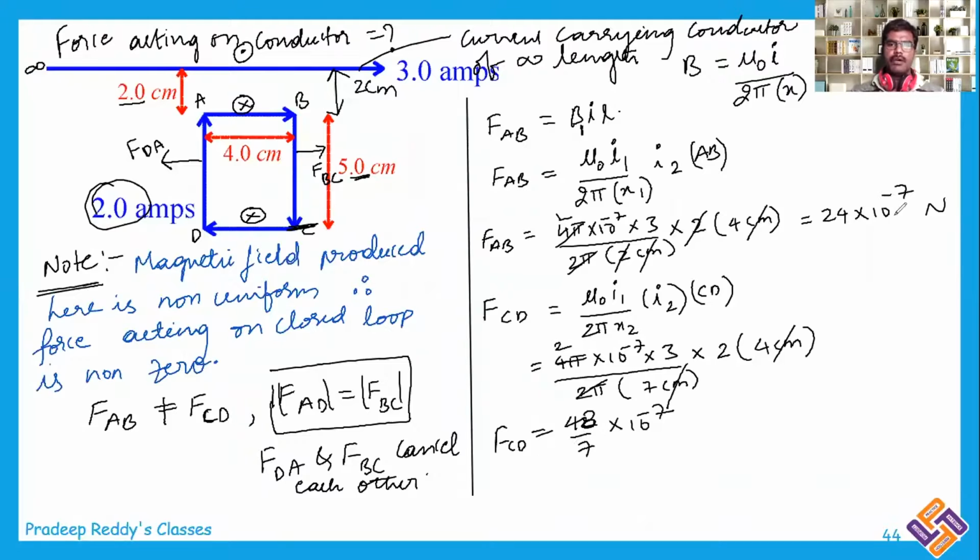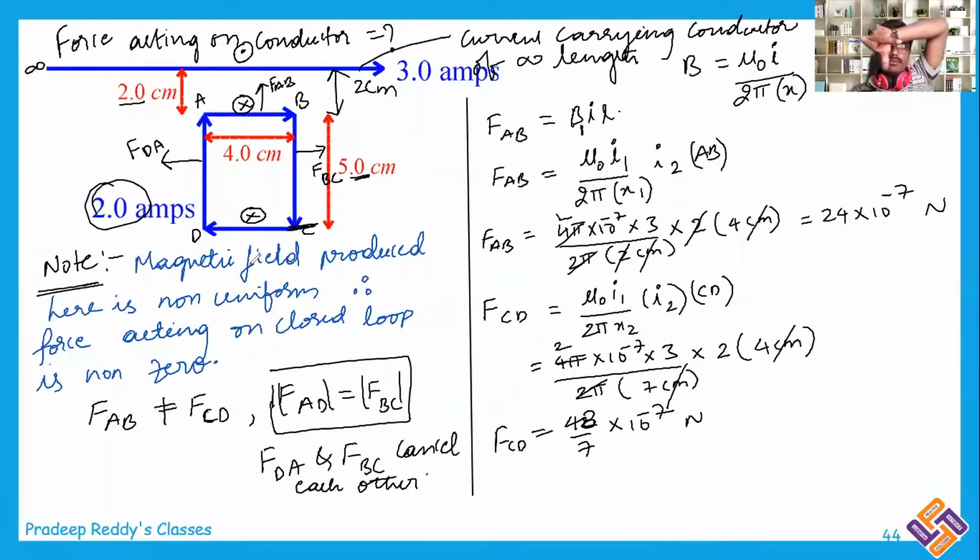Now FCD and FAB both are not the same. What about the directions of the force acting on AB and CD? AB current is to the left side. I can use Fleming's left hand rule. Magnetic field is into the plane, current is this side. So the force acting is upward. So upon this conductor, force is upward. This is FAB. And what about this one, CD? CD current is to the right side and magnetic field is into the plane.